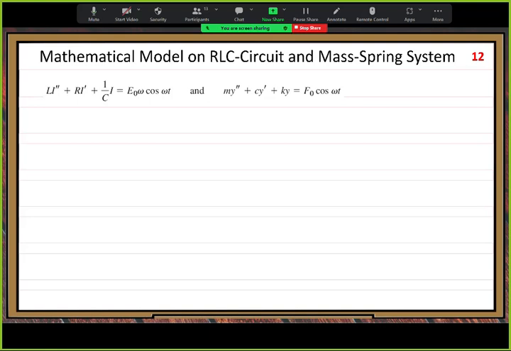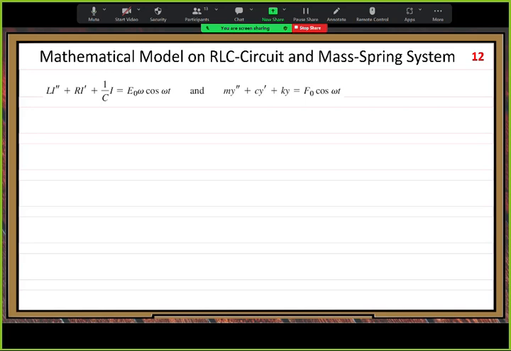So, three different terms and the EMF force part. Then the mechanical system, mass spring system with damped force, a damped system, with external force. This is periodic external force. Now you can see one-to-one correspondence.